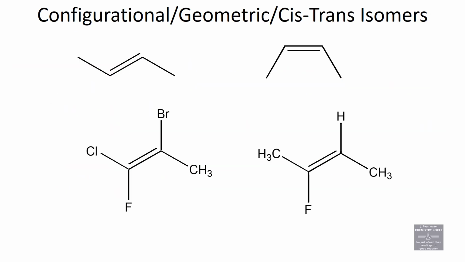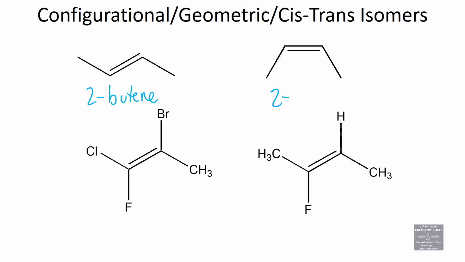So looking at these four alkenes, they are configurational, geometric, cis-trans isomers, whatever. If we name this top one, we would call it a butene. We would call it a 2-butene. Yes, I know we haven't named alkenes yet, but I think you can probably dissect why the name of that thing is 2-butene.